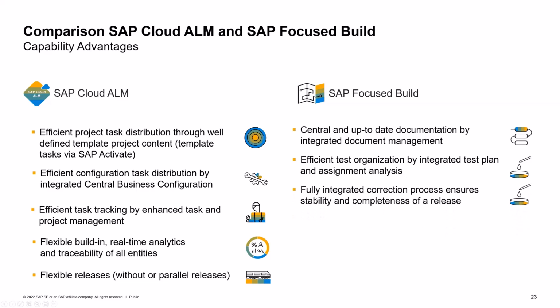We have a fully integrated correction process. I'm thinking about something like defects and defect corrections, which ensure the stability and the completeness of the complete release, not only single functionalities, but the complete release.